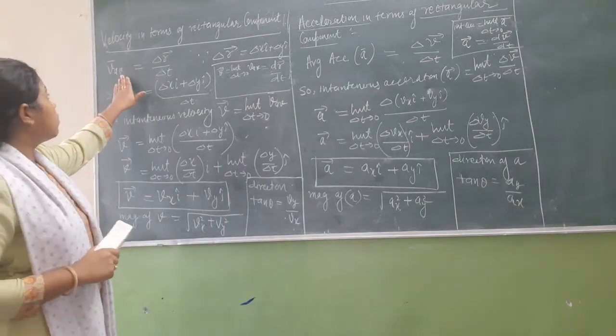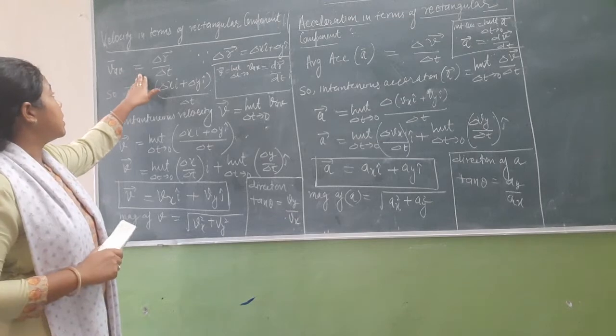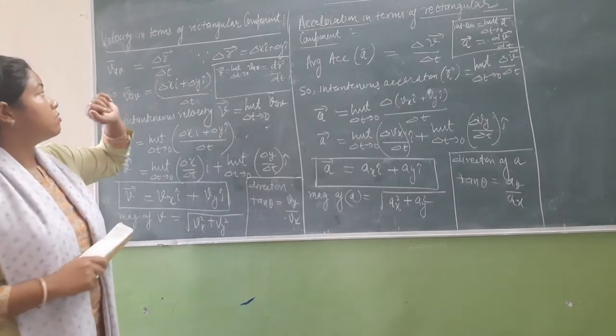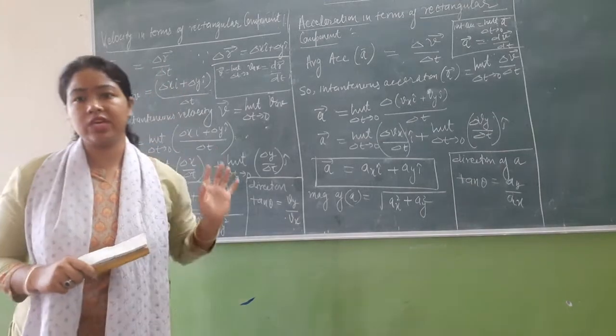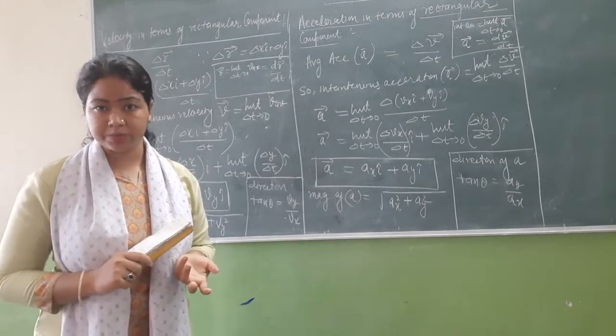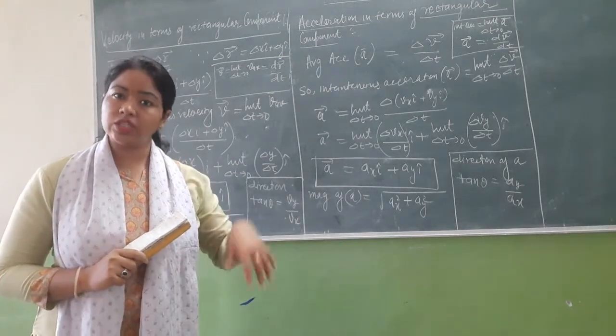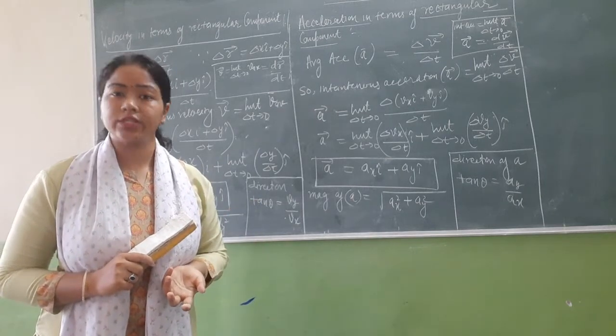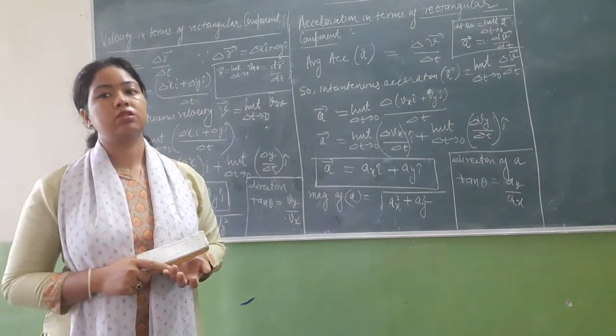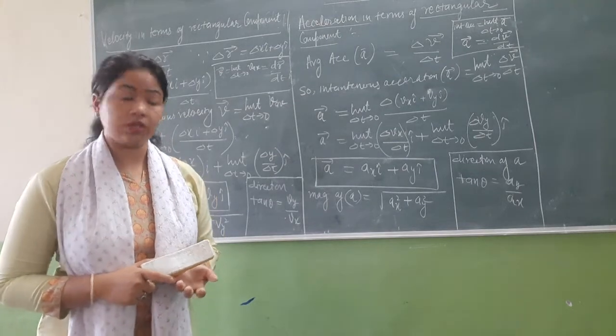So the average velocity will be equal to the rate of change of position. Sometimes we have the displacement directly, but sometimes we have the change of position, and change of position also gives us the value of the displacement, so sometimes we use the term rate of change of position.